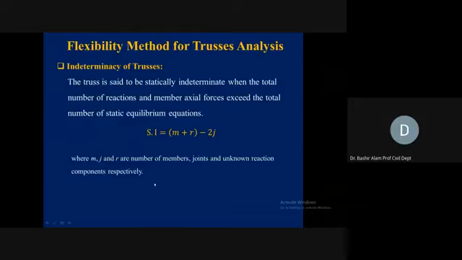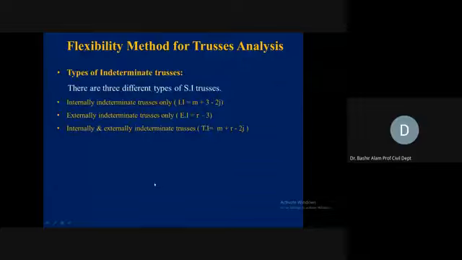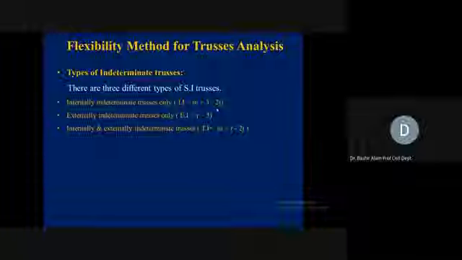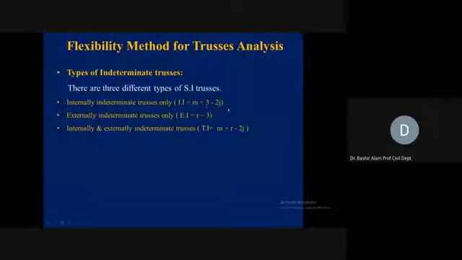Now, types of indeterminate trusses. There are three different types of statically indeterminate trusses. Internally indeterminate trusses: the internal indeterminacy will be found from m plus 3 minus 2j. Actually, this is not m plus r, it is m plus 3 minus 2j.